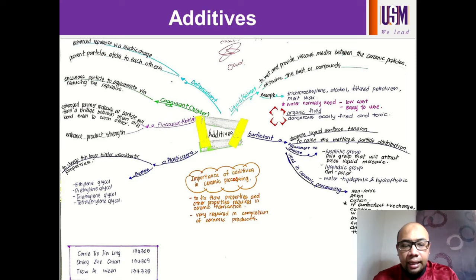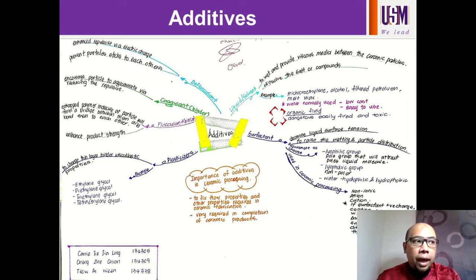But the additive is specifically to adjust the quality of the slurry itself: adjust the viscosity by adding the liquid or solvent, adjust the dispersion by adding the deflocculant, introduce the plasticity of the slurries by using plasticizer, and also enhance the mechanical properties of the end product.